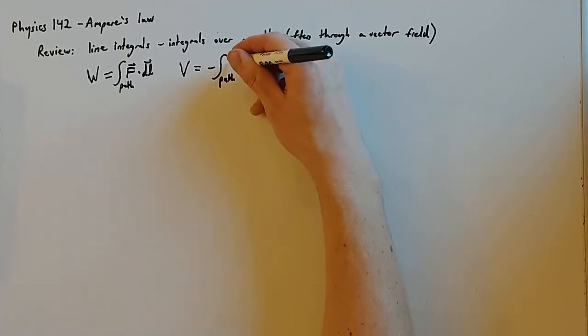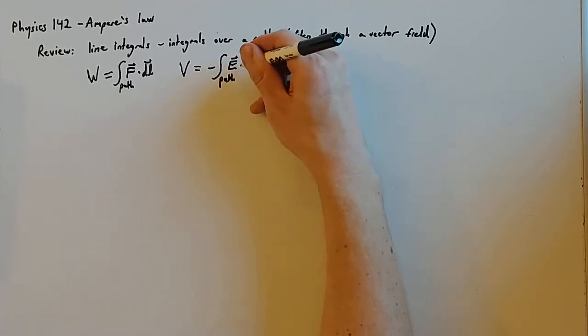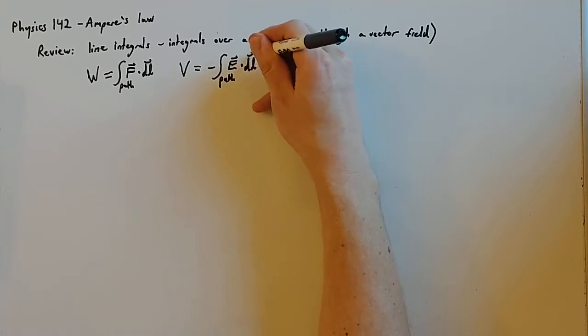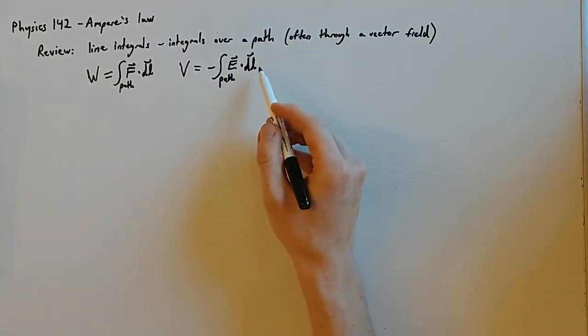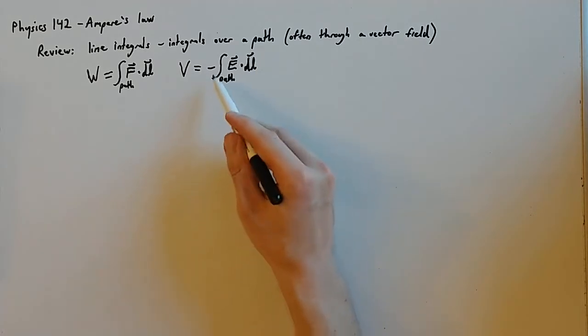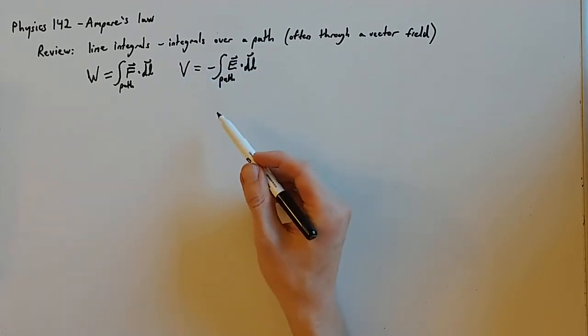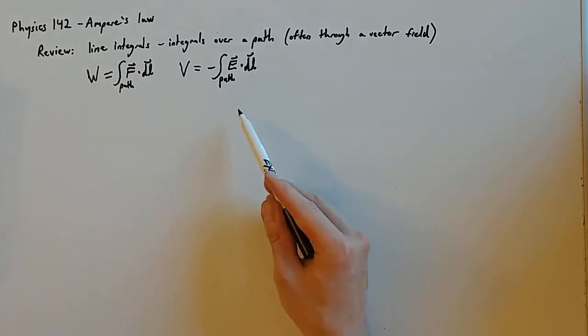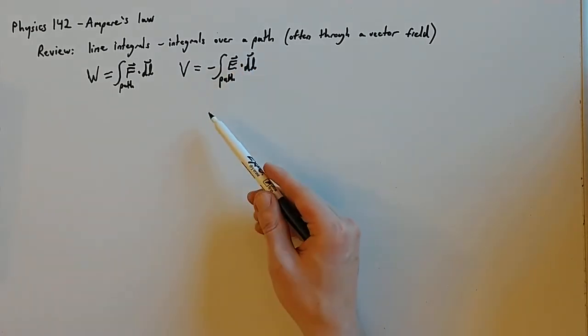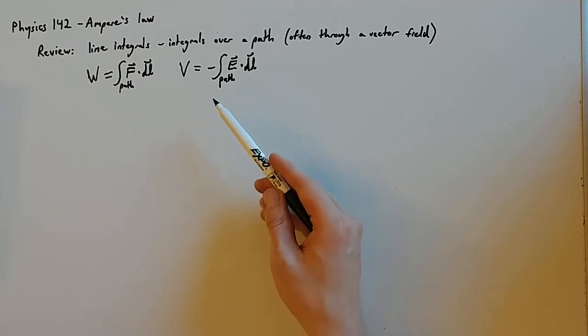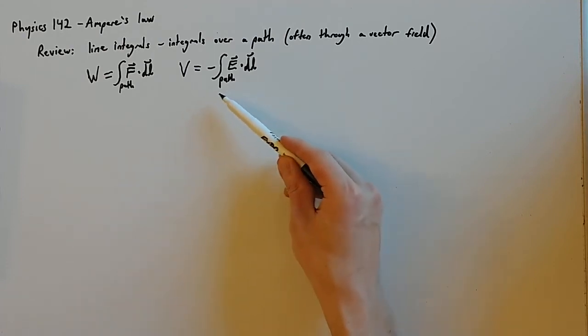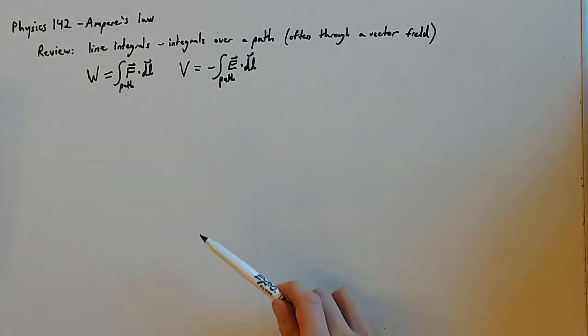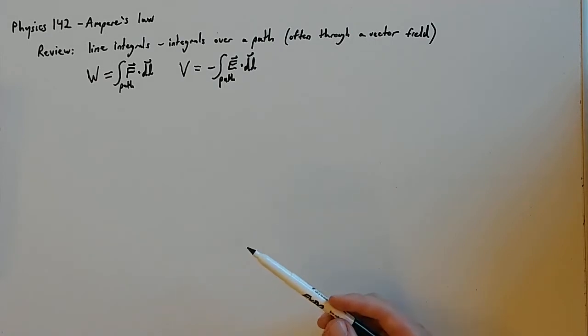We walked in some path through an electric field, and we took the dot product of the electric field with our steps dl, and when we took that integral, we ended up getting the potential difference, how much our potential changed, and it depended on what path we walked here. So it was all about taking a bunch of little steps through a vector field.